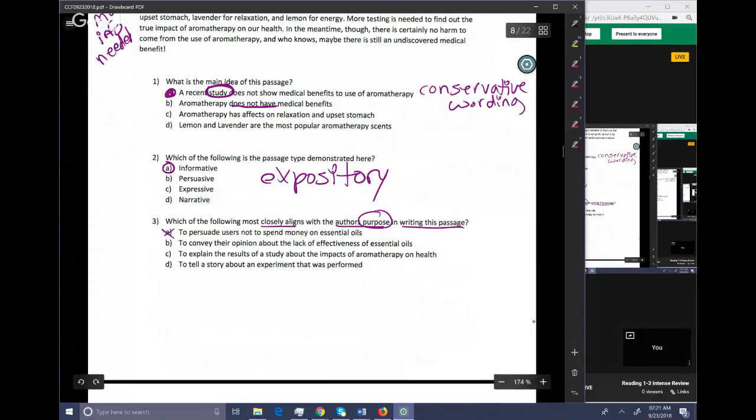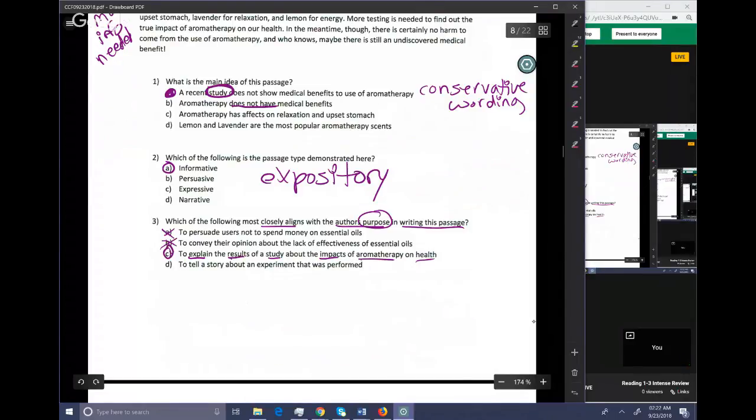To convey their opinion about the lack of effectiveness of essential oils, both of those are similar to one another, and they're both way off from the mission that we have. To explain the results of a study about the impacts of aromatherapy on health. That is a great, in fact, perfect answer.